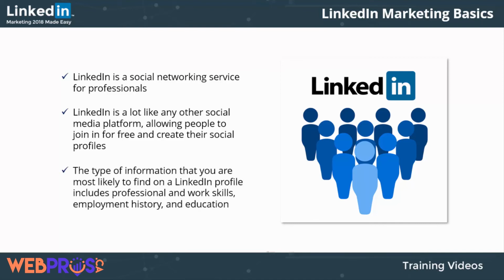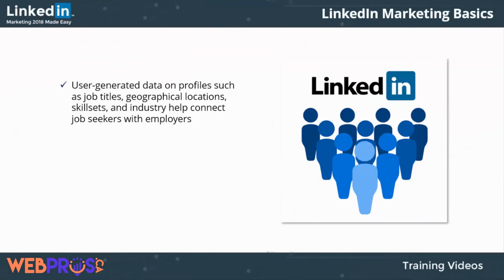The type of information that you are most likely to find on a LinkedIn profile includes professional and work skills, employment history, and education. Contacts on LinkedIn are called connections, which gives a professional tone to user interactions. These connections are what draws people and businesses to LinkedIn, as they allow its members to connect with others on a professional level.